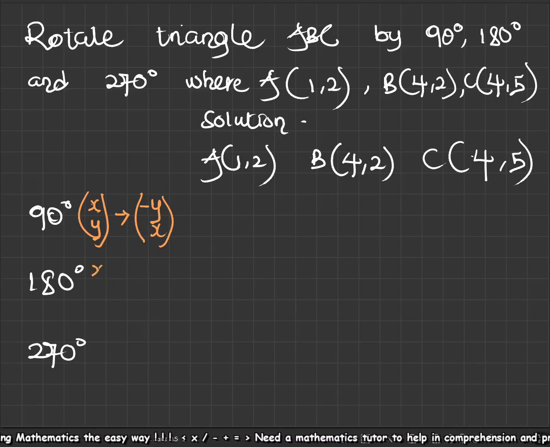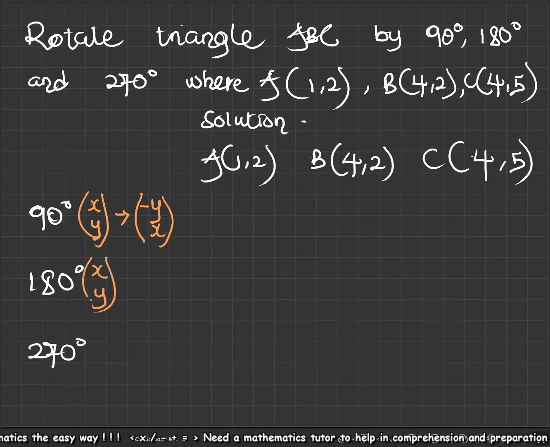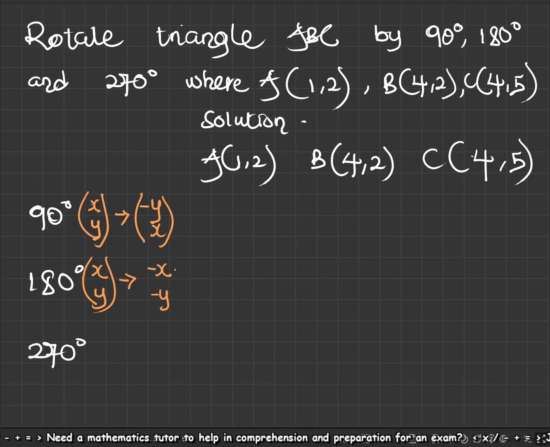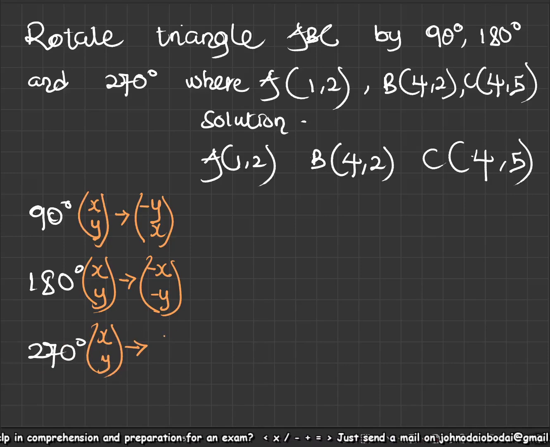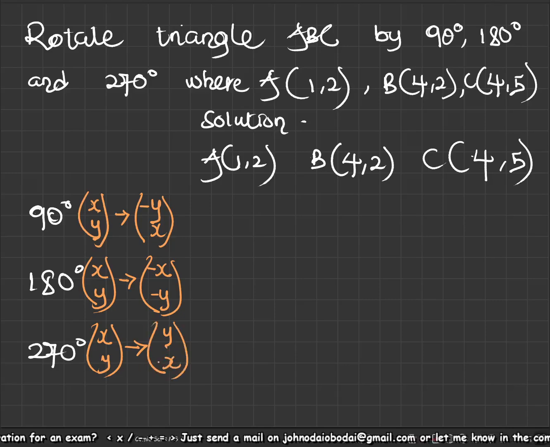So for x, y, over 180, we get negation of the y value and then negation of the x value as well. Then our last one, if you want to rotate by 270, we also want interchange, so y and then x, and then we negate this one over here. So these are the formulas we want to use.